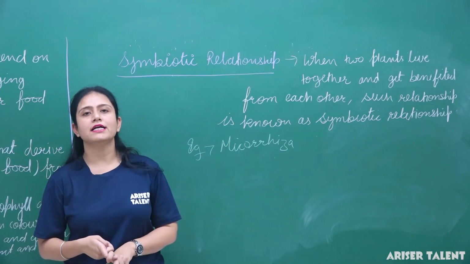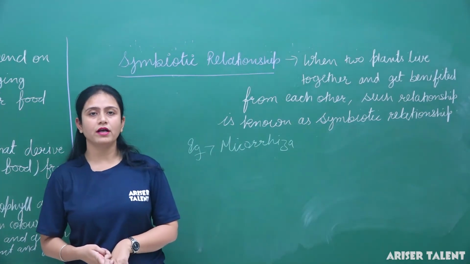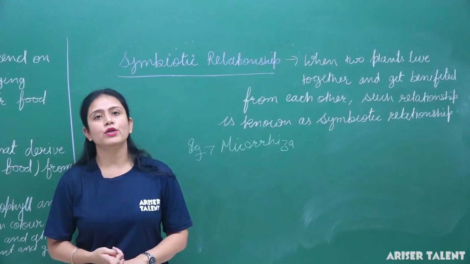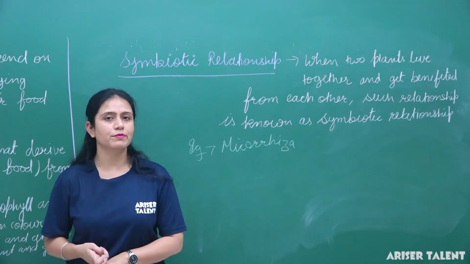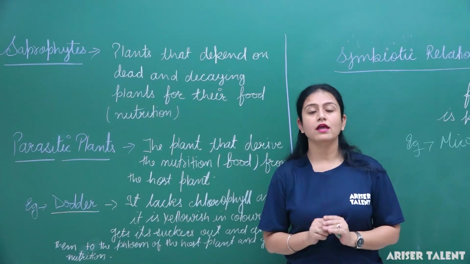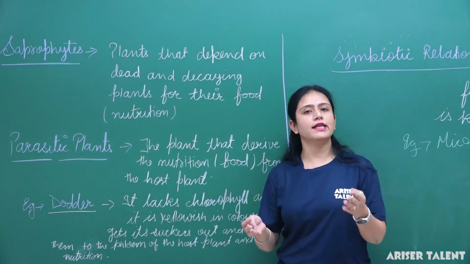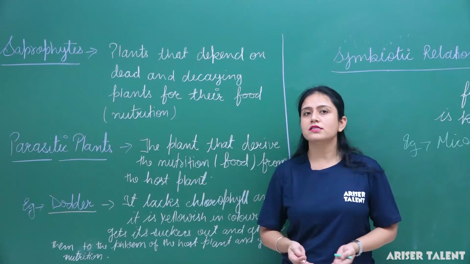Clear? So in this lecture we studied the stomata, structure of stomata, function of stomata. Hope it was interesting. I taught you the heterotrophic nutrition in plants, that even though plants are autotrophic, some plants are heterotrophs in nature because they lack chlorophyll and cannot synthesize their food.